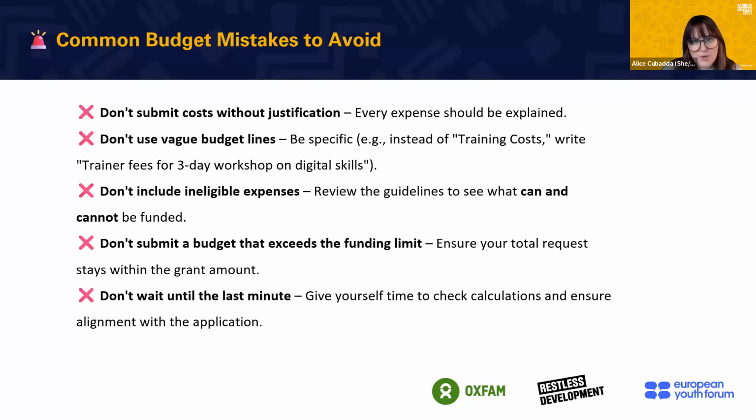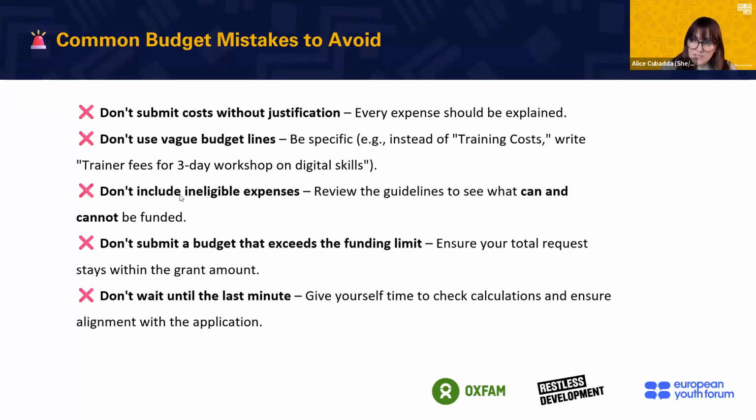In the frequently asked questions, there is a specific question on ineligible expenditure. Please review the funding manual, but also the frequently asked questions. They are there to be sure that you don't include expenditure that actually cannot be funded. And please submit a budget that doesn't exceed the funding limit.